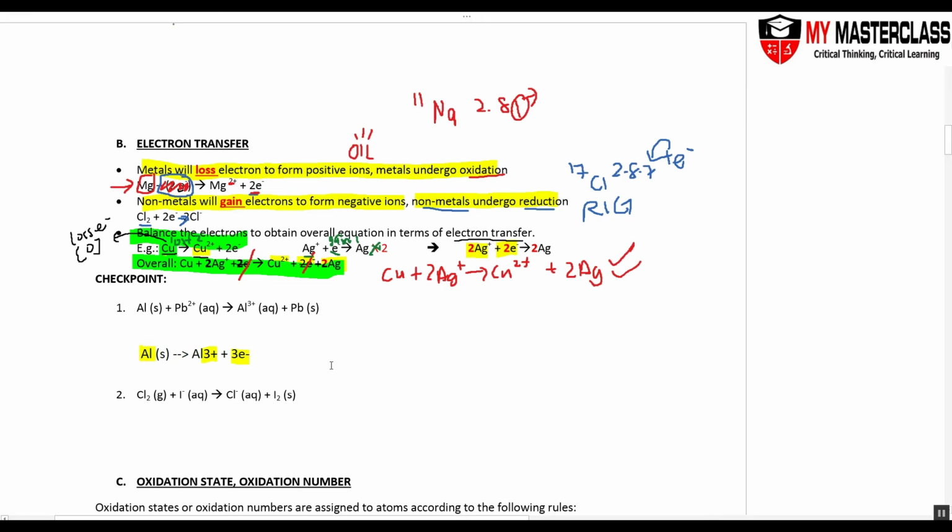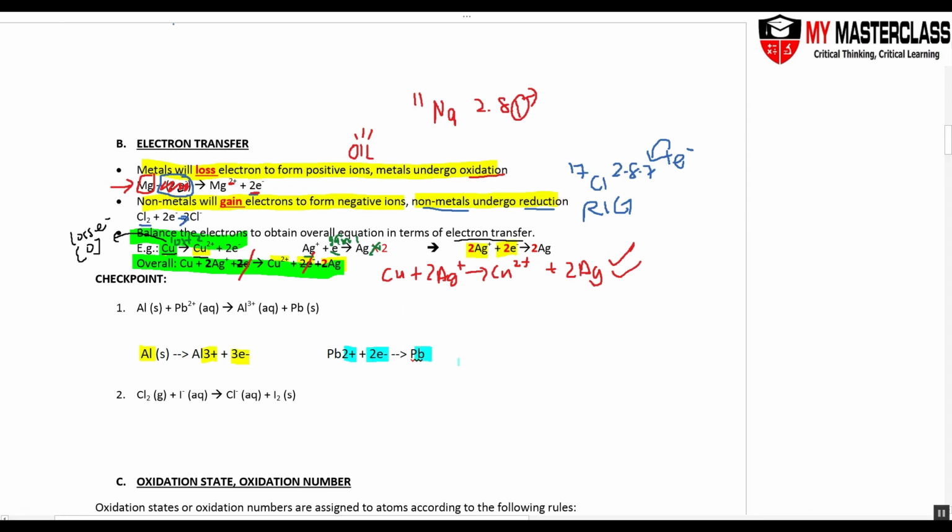The other half equation will be my Pb2+ becoming Pb solid. Because the starting material side is now positive, you have to gain 2 electrons, then you can get something neutral.